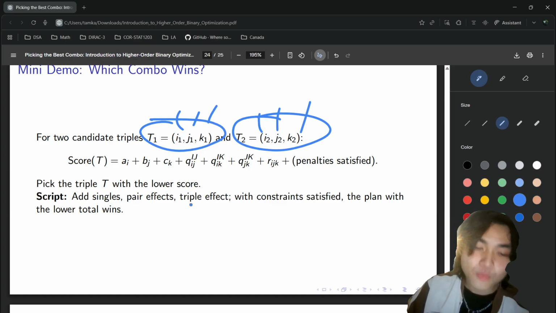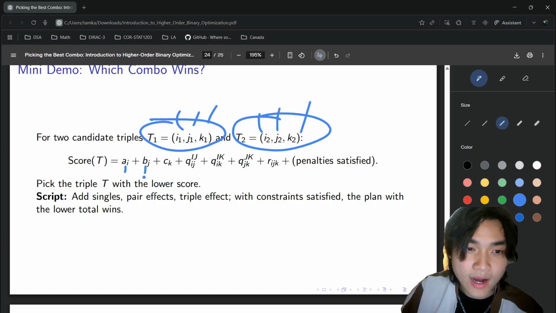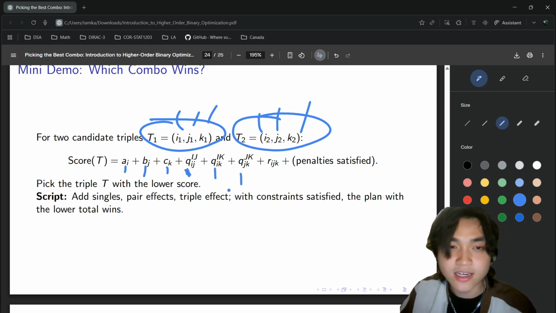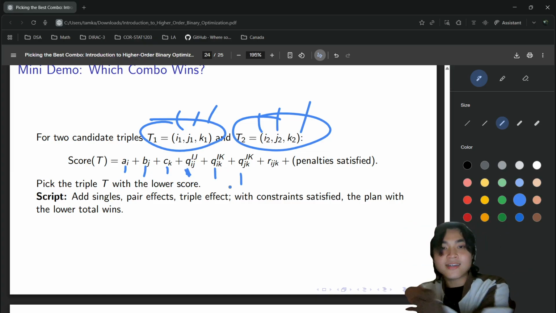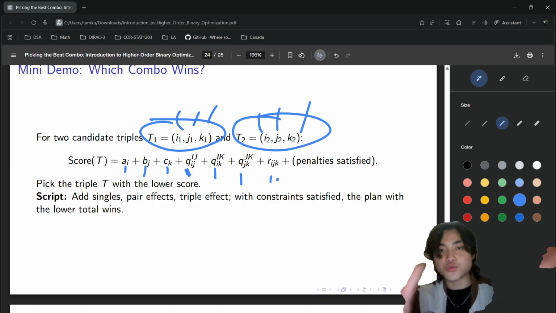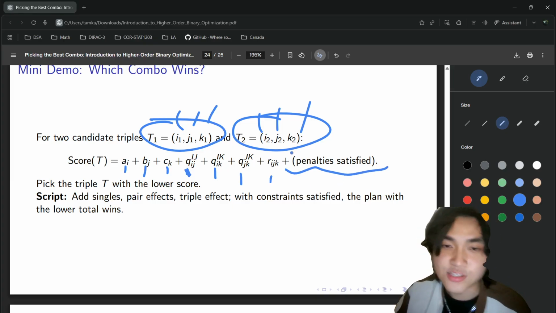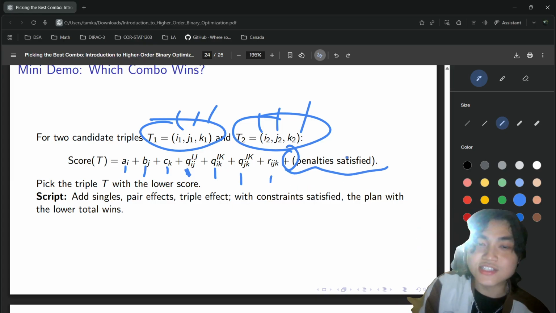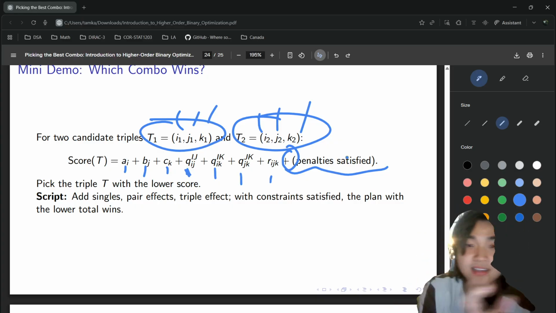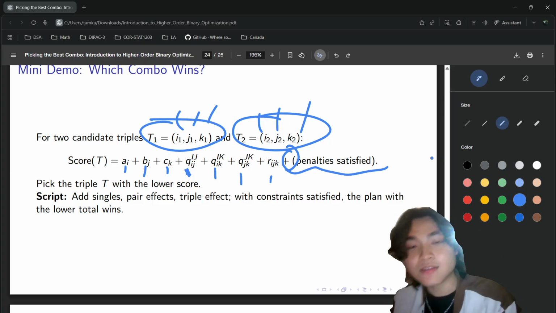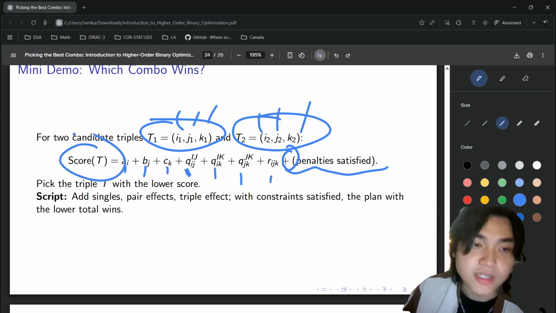Once we make our decisions, we choose one supplier, one carrier, one whatever, and we get their interactions, the best interactions out there between two pairs, and over here is the interaction between three variables. And we make sure that the penalties are satisfied. As you can see, it's actually a plus. That's why I said just now that penalties, we need to add them in as a plus operator. And once we sum all of them up, that will be the score.